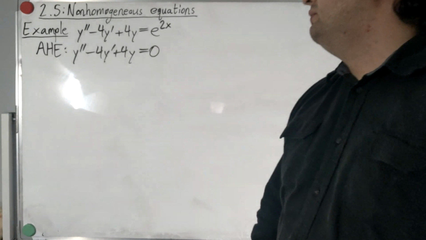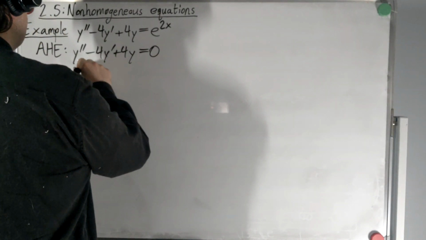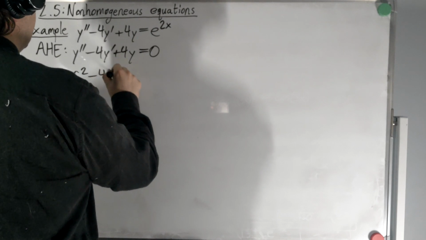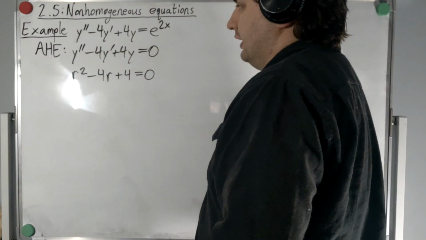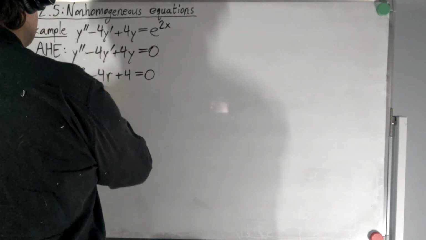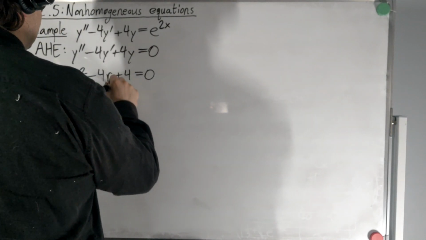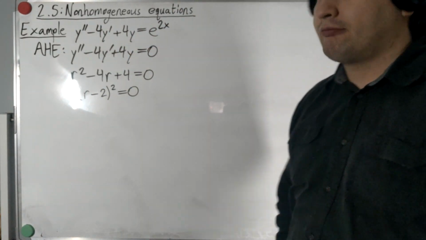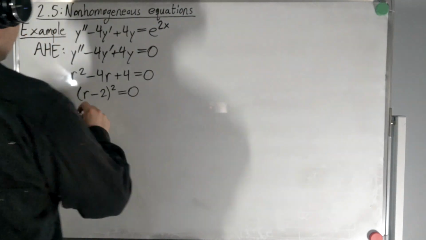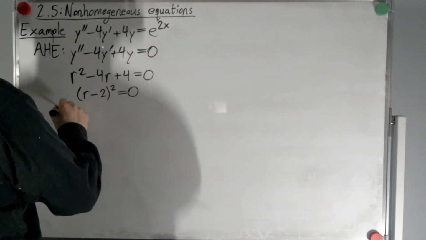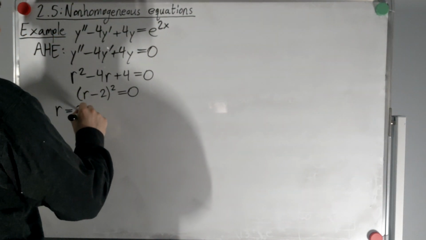Now, you can use the characteristic equation. That looks like r^2 - 4r + 4 = 0, and that factors into (r - 2)^2 = 0. So we have exactly one root with a multiplicity of 2.